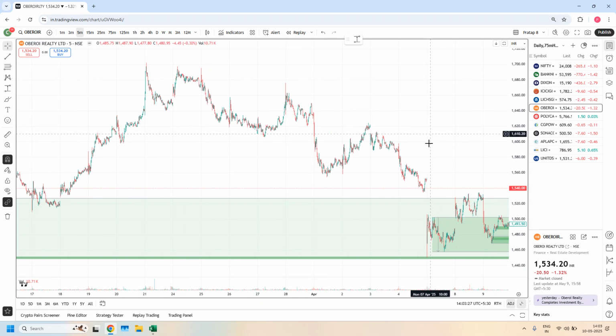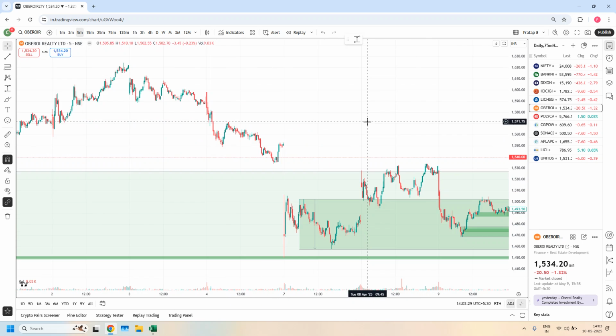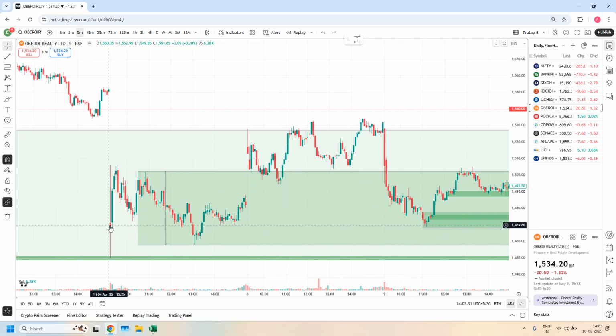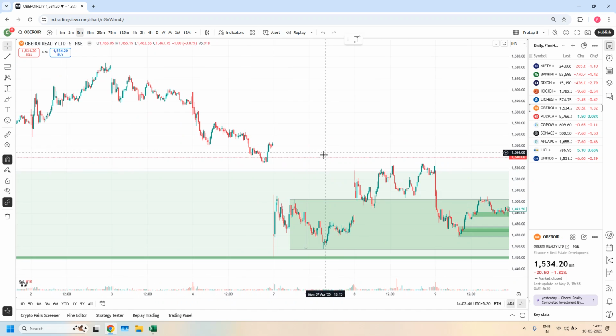After that, did you notice? Prices once again entered this zone, and then see the sharp rejection and the movement. Now before this horizon, a new 75-minute zone is created here.